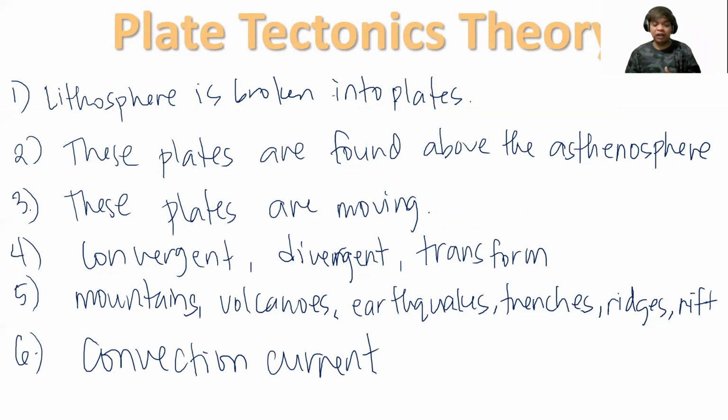Without the convection current na nangyayari sa mantle natin, there would be no plates that are moving on the asthenosphere. There would be no convergent, divergent, transform boundaries. There would be no mountains, volcanoes, earthquakes, trenches, ridges, rifts, and other geologic processes, events, and features na meron tayo dito sa mundo. So that, guys, is what we call the plate tectonics theory.